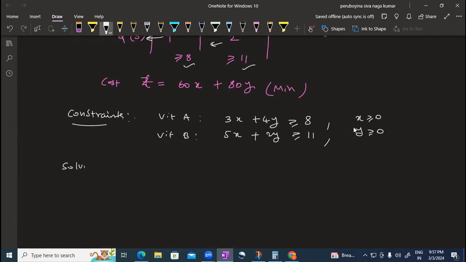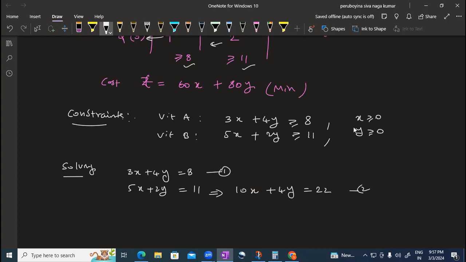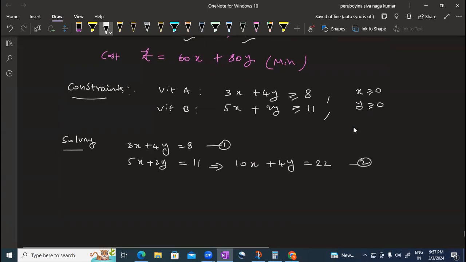So for solving, we consider 3x plus 4y equal to 8, and 5x plus 2y equal to 11. Double this equation: 10x plus 4y is equal to 22. Say this is equation 1 and that is equation 2.